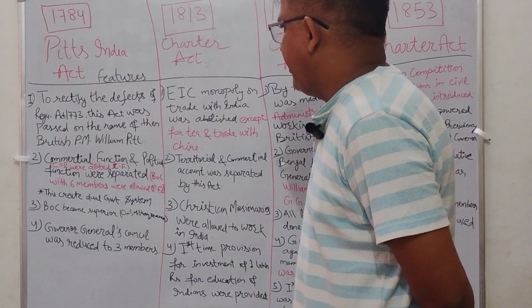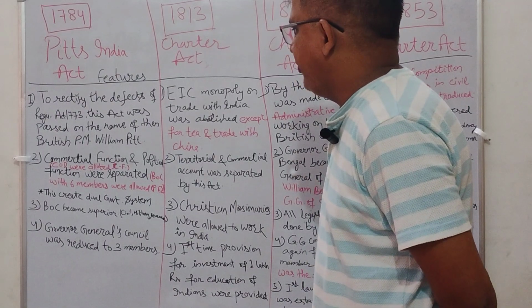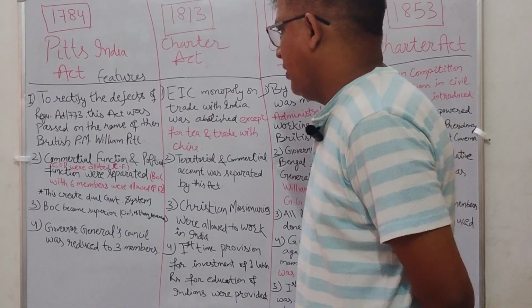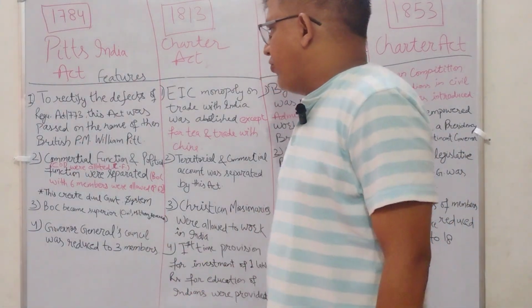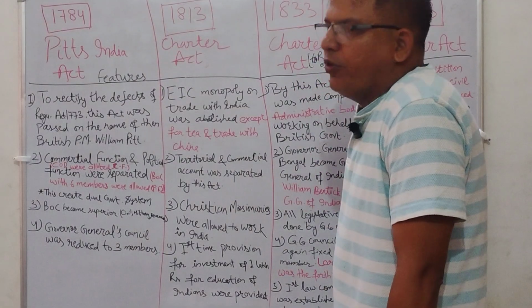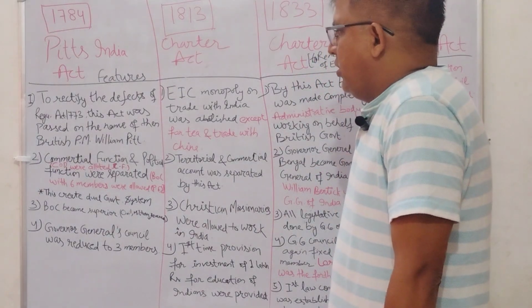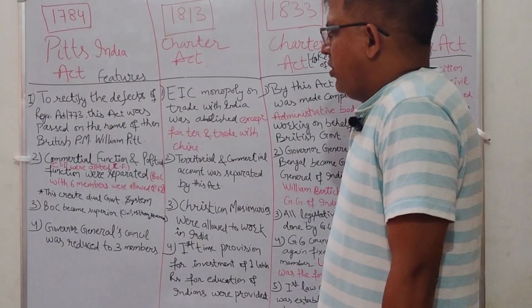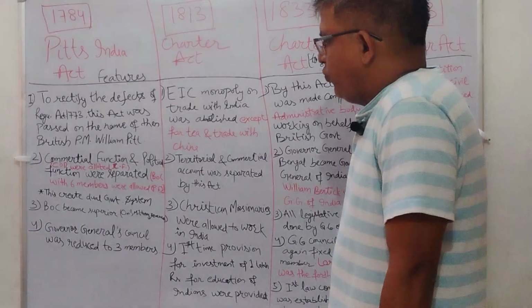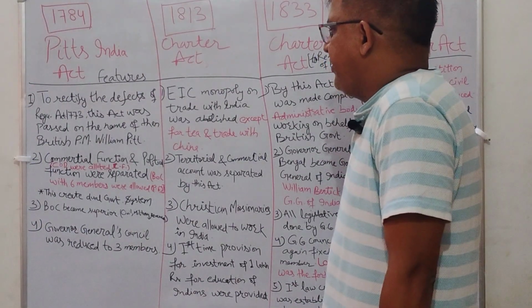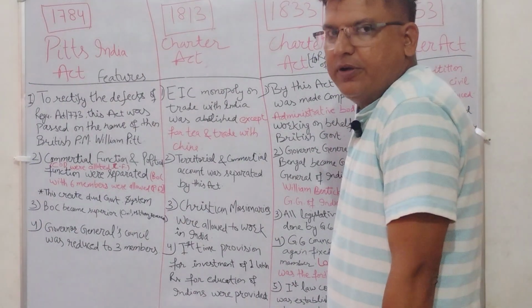This act created the dual government system in India. The Board of Control became superior because it was allowed to supervise the civil, military and revenue acts of the company.